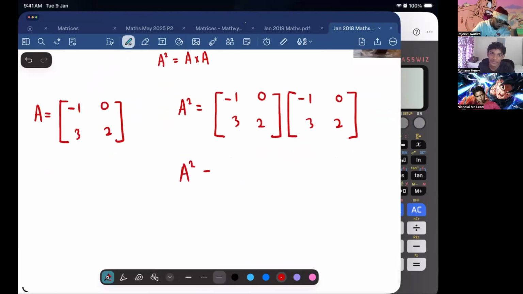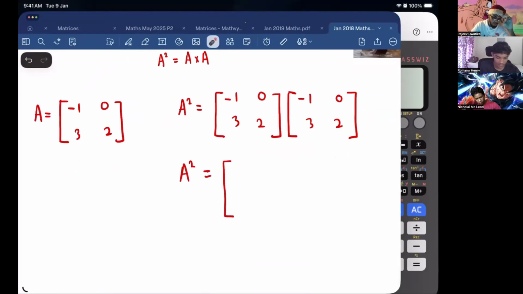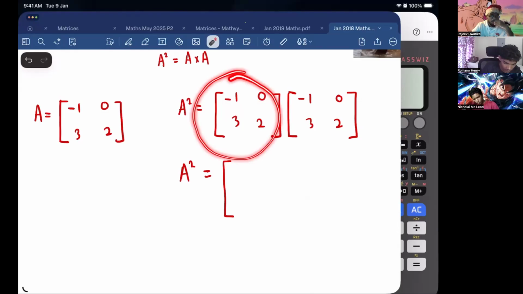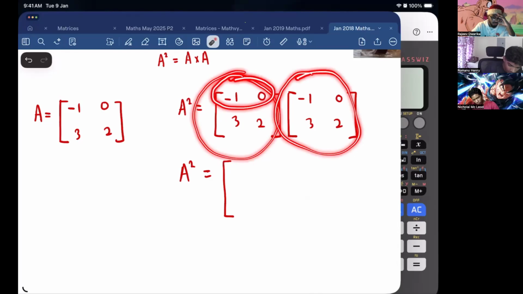I think it's okay if I take off the training wheels. So guys, I'm not going to draw the visual hints, but I can help while they're talking it through. What would the first row for this matrix be? Negative 1, 0. What is the first column here? Negative 1, 3. What is the first element here? Negative 1. What's the first element here?